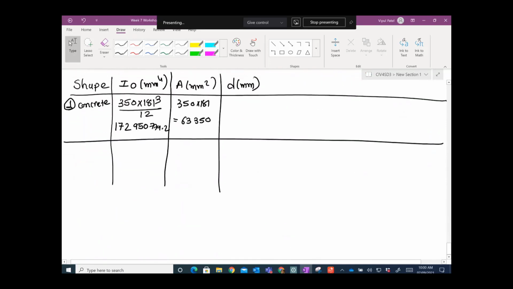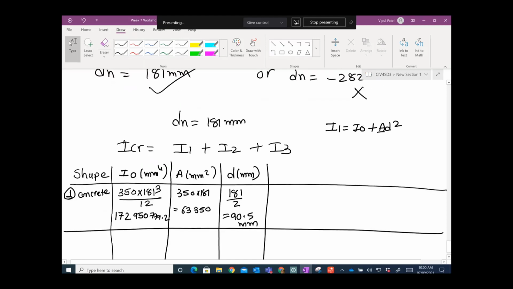So 181 divided by 2, you get 90.5 millimeters. So we calculate everything. Now you can do I0 plus AD squared, which is this number plus this number times this D squared.